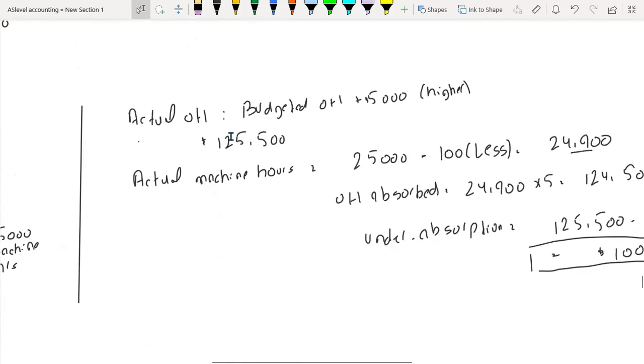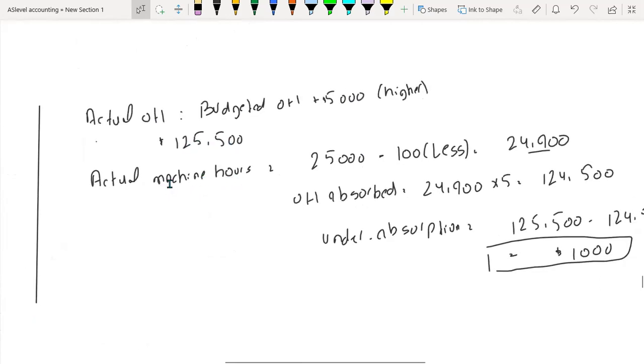So how can we find out the actual overheads? Our budgeted overheads was $125,000, and if we add this $500 to it, our actual overhead would be 125,500.